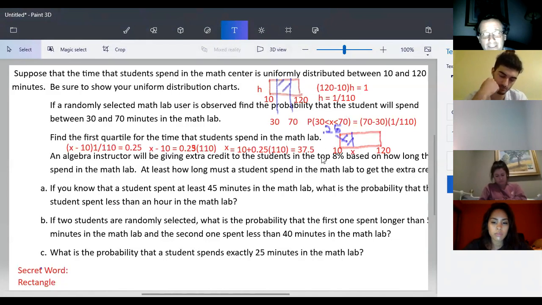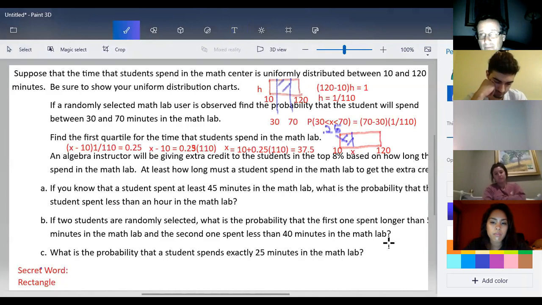All right, so to do that, let's think about the picture. And as I mentioned, we're going to draw a rectangle. I'll make this one blue. Okay, there's a rectangle. And we're between 10 and 120. So let's put in some numbers.